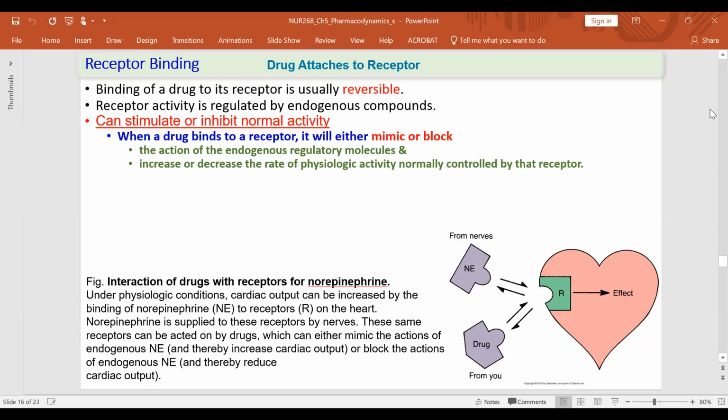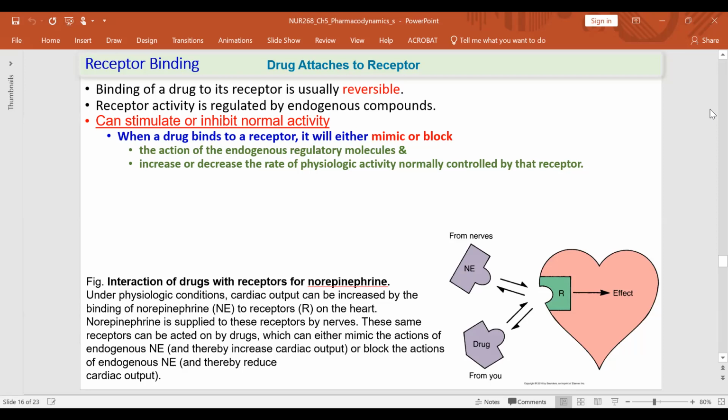One is natural, intrinsic, endogenous, released from our nerves, from our body. The other is manufactured synthetically and administered to the patient.